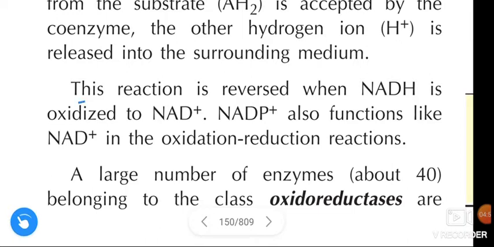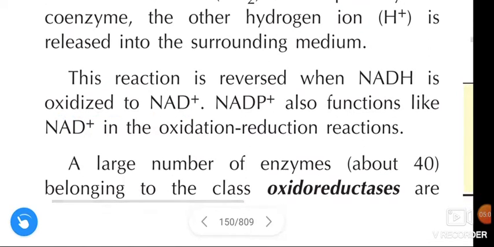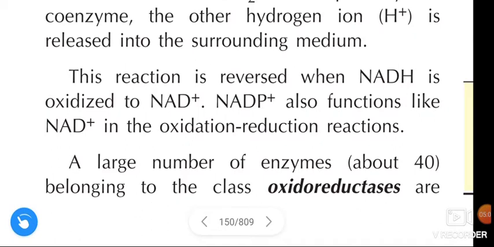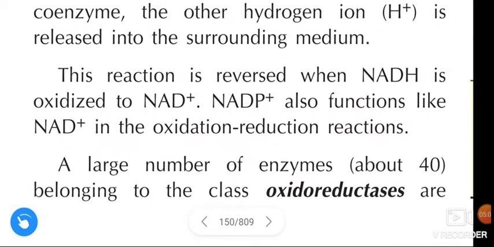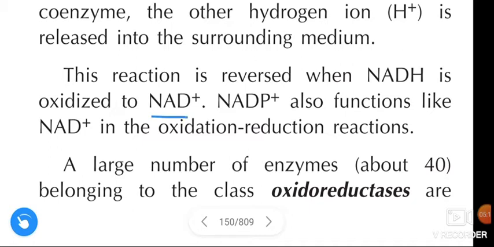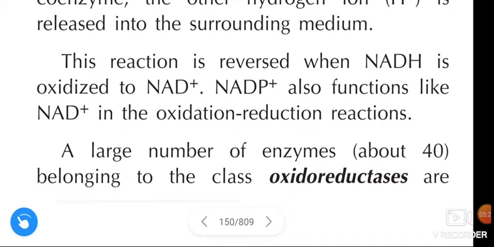Next, this reaction is reversed when NADH is oxidized to NAD plus. NADP plus also functions like NAD plus in the oxidation reduction reactions.